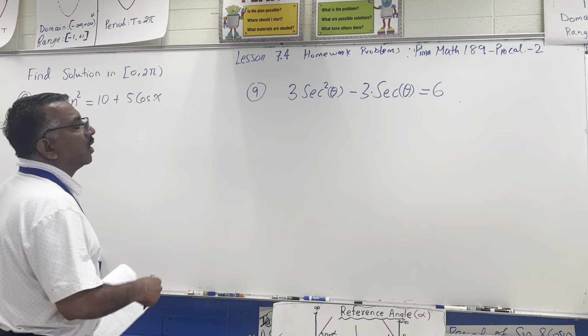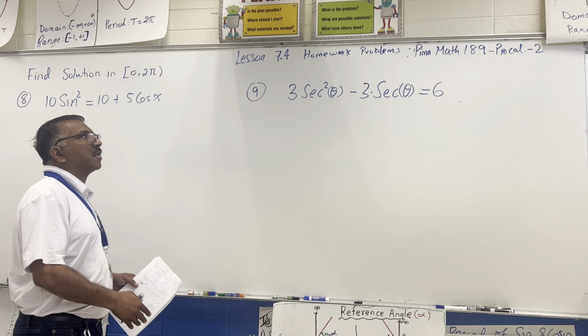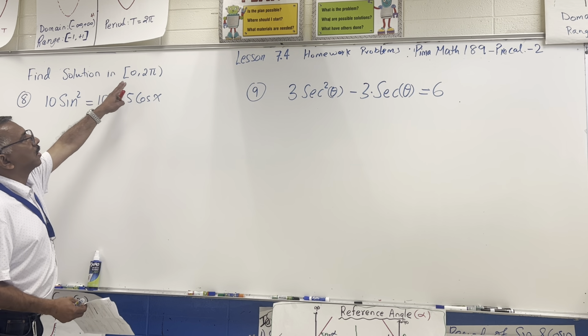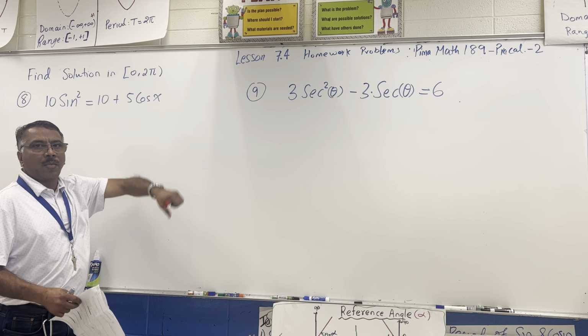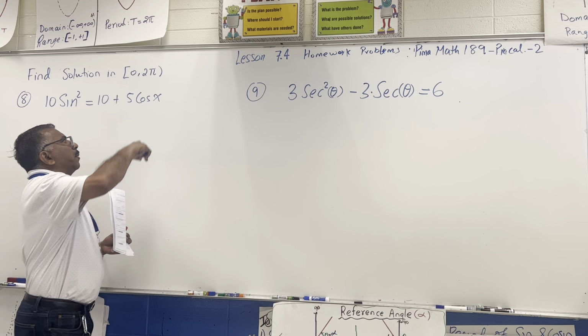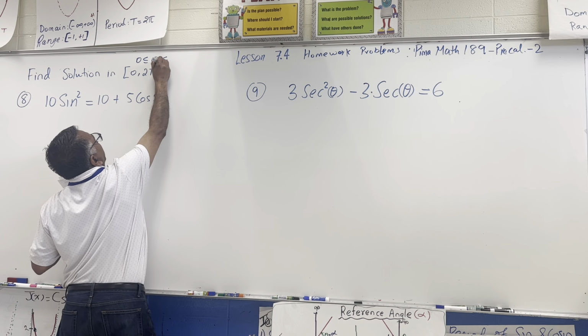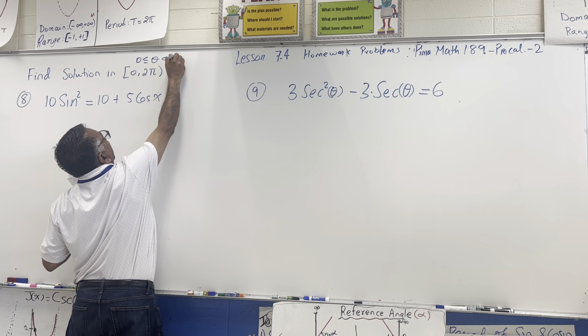This problem is different from the last time, lesson 7.4. They're asking us to find a solution in the interval from 0, which is included, to 2 pi, which is not included. The parenthesis means the angle is strictly less than 2 pi.